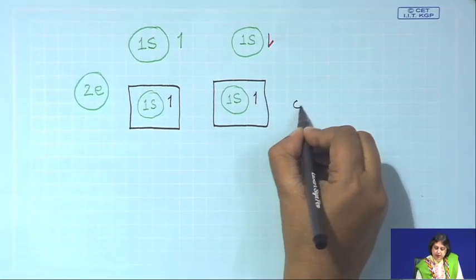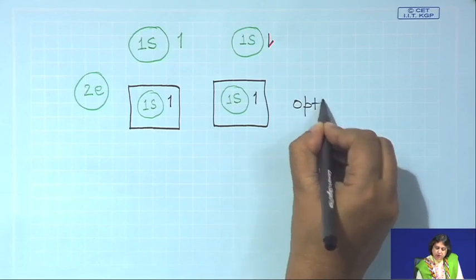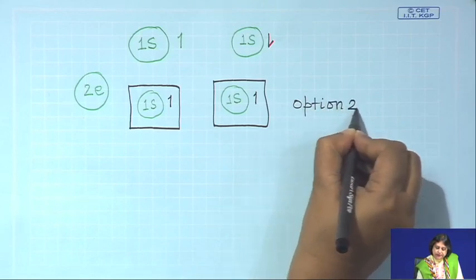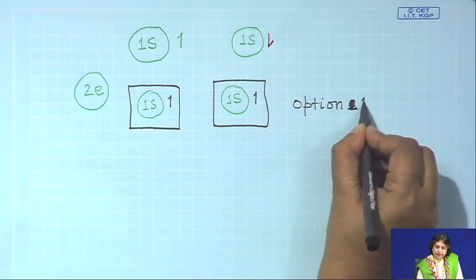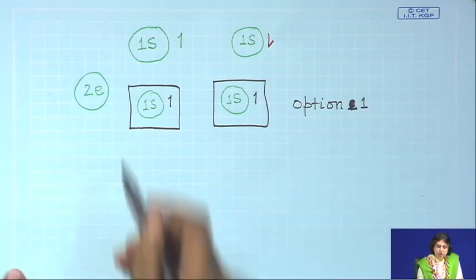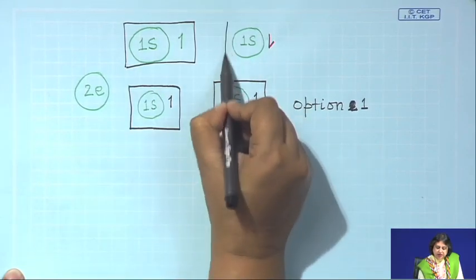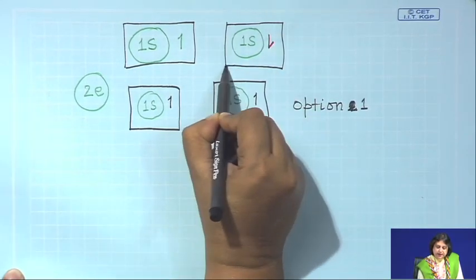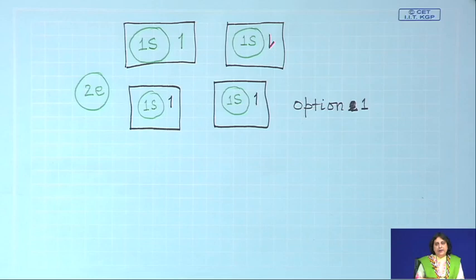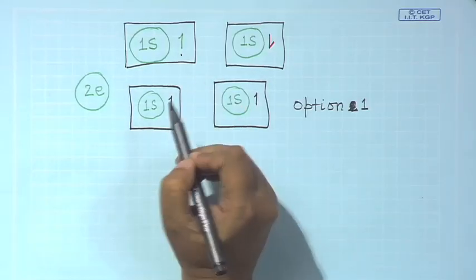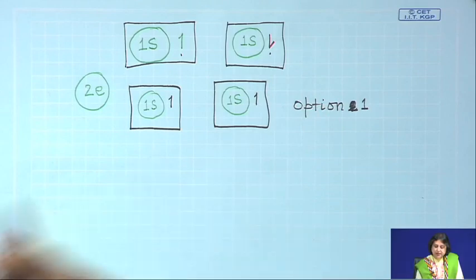So, this is my option 1 for the 2 electron system. The other option obviously is what I have drawn on the top. The first electron and the second electron, both of them have as the orbital wave function the 1s orbital, but one of them is having an up spin and the other one is having a down spin.